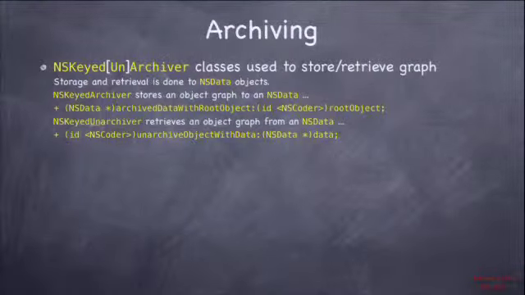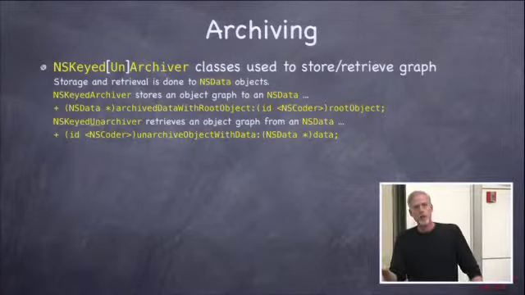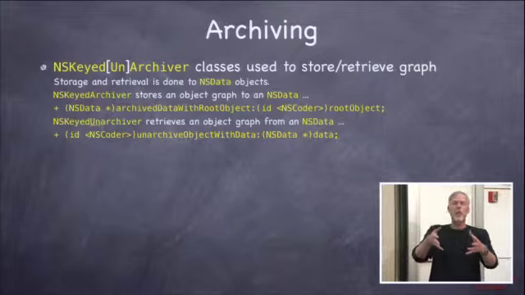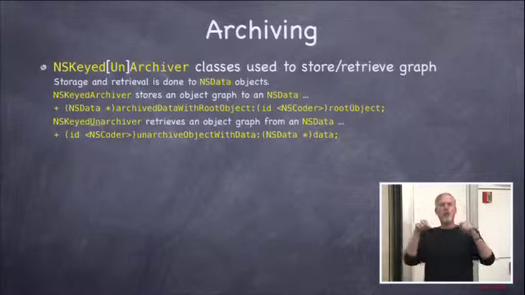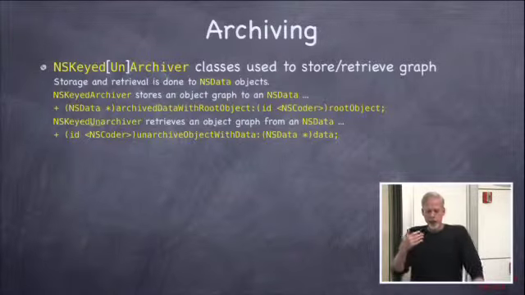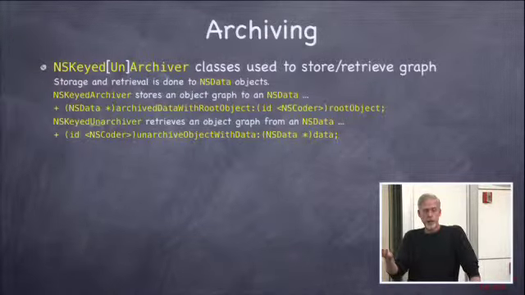All right, so how do you get this to happen? You have these two important classes, NSKeyedArchiver and NSKeyedUnarchiver, and they have class methods like archived data with root object. You pass a root object, so for example, in a storyboard, a root object could be the top level view controller, okay? And that's got to be NSCoding compliant. It has to implement that protocol.